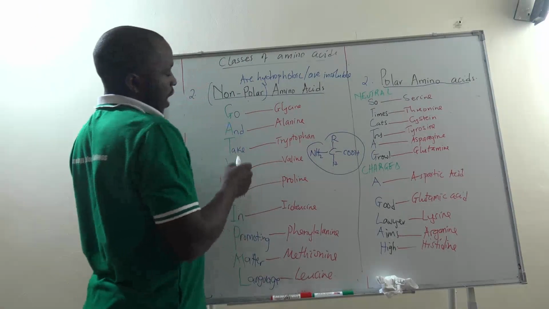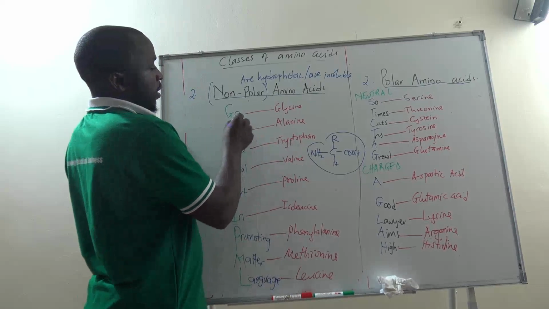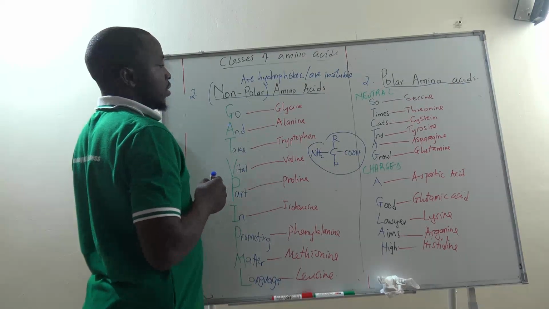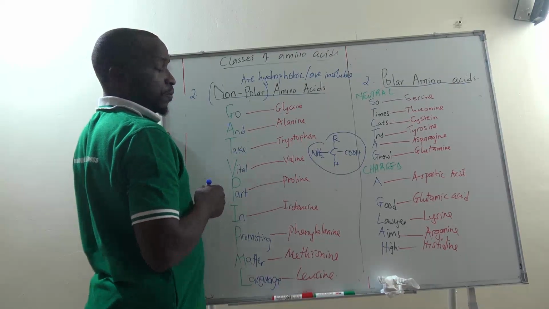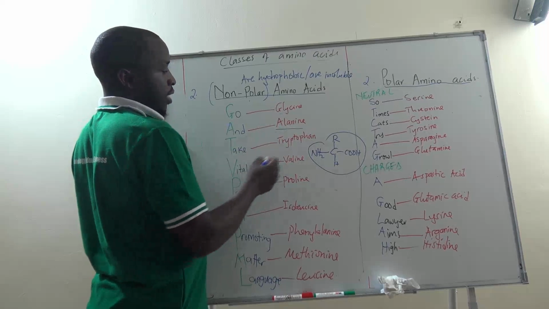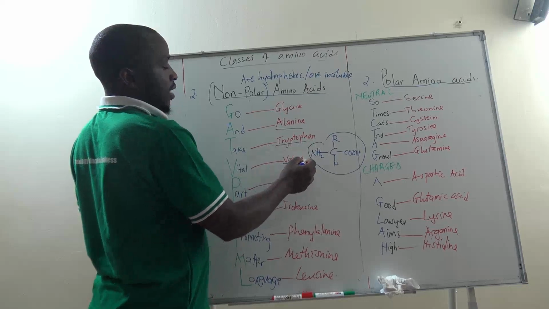So we have several examples. Glycine is non-polar, so it means it cannot go into solution. Alanine is non-polar. Tryptophan non-polar. Valine non-polar.